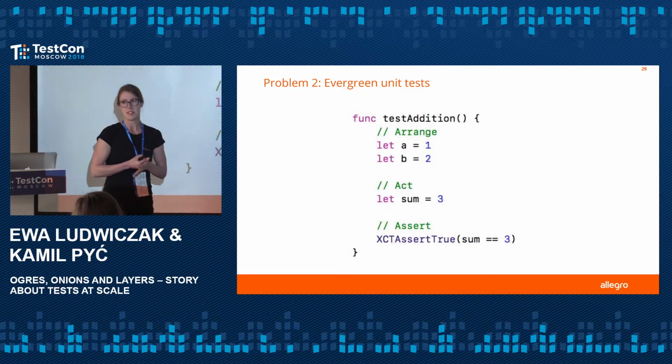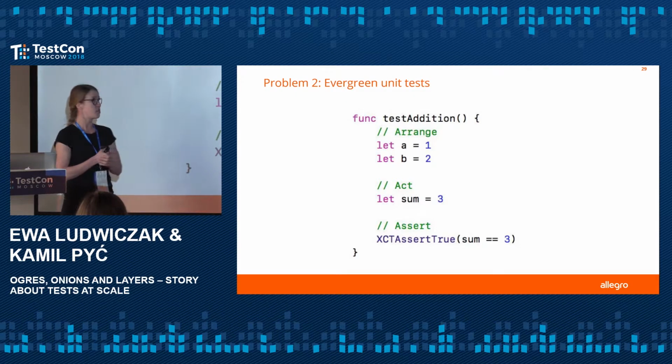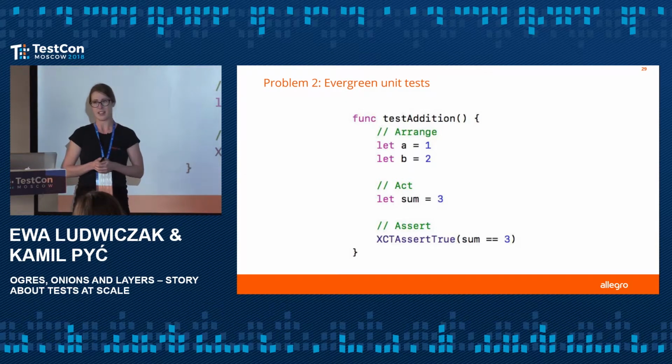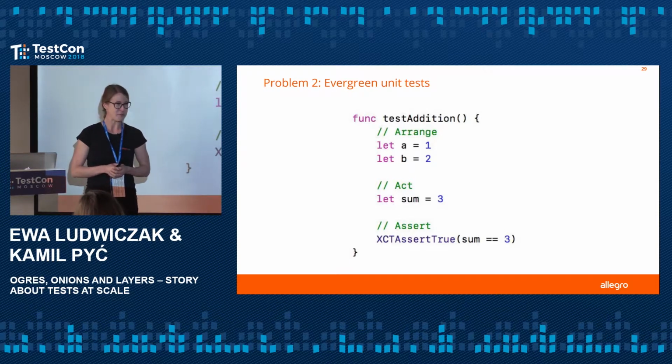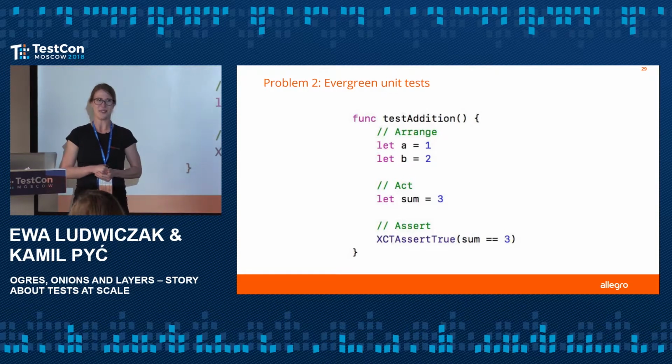We got this problem in our project, especially while we were using Objective-C and mocking libraries. We were sometimes over-mocking. So we were mocking so many things that the test did not check application logic, but was just passing green. Of course, green tests are very beautiful and we really like them, but it's not the point. I think we all agree on this.